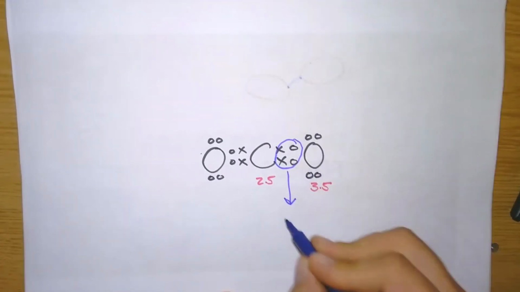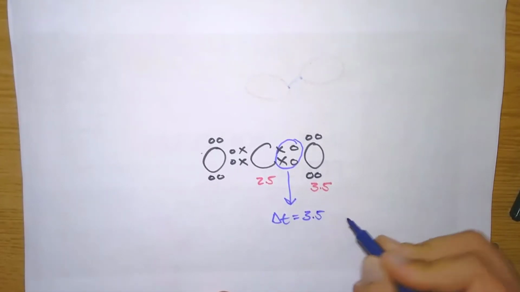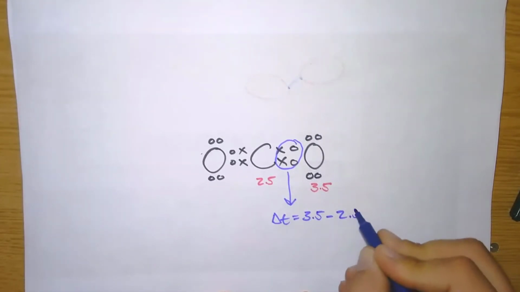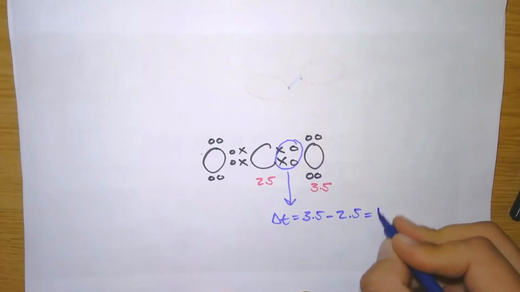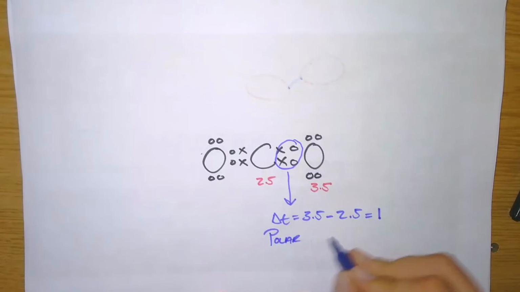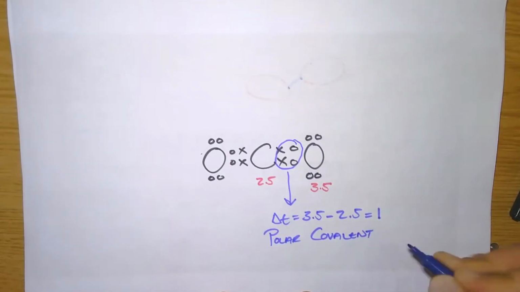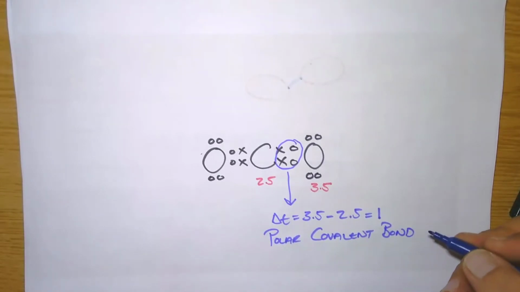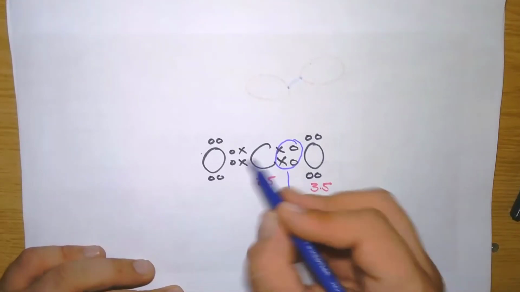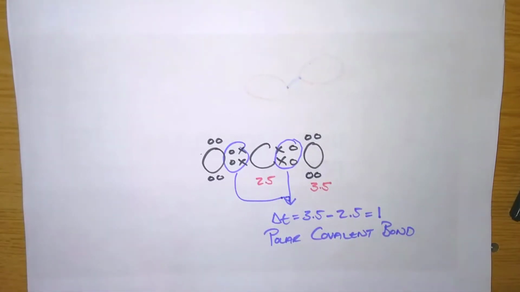So therefore the difference in electronegativity is equal to 3.5 minus 2.5, which gives us 1, making this a polar covalent bond. Okay, and because the 2 bonds are identical, both these bonds are polar covalent bonds.